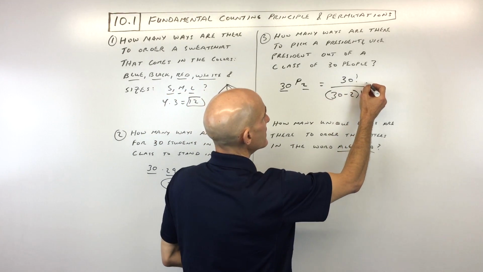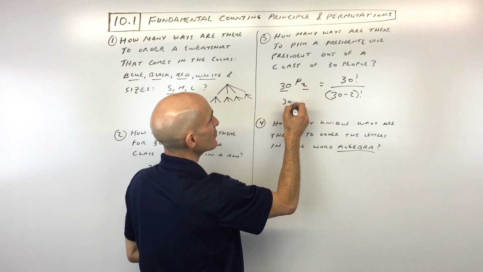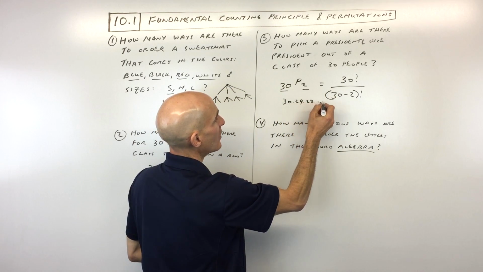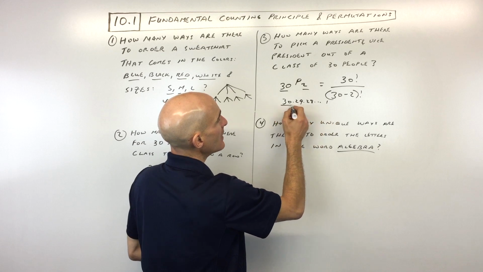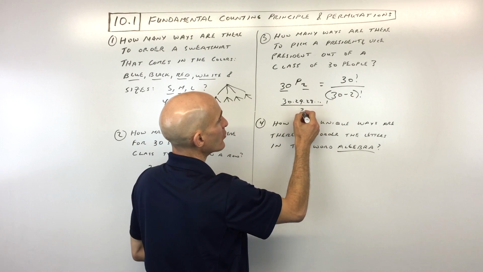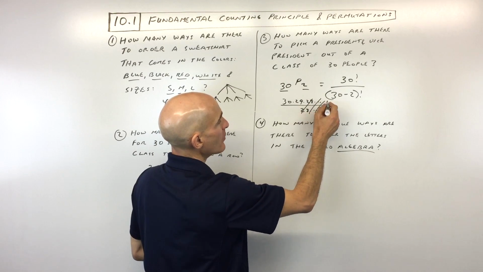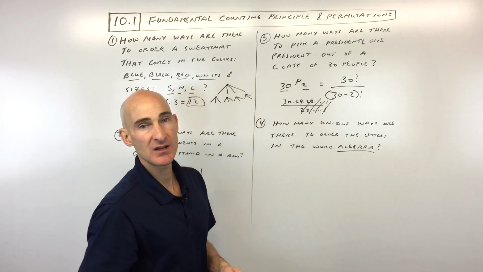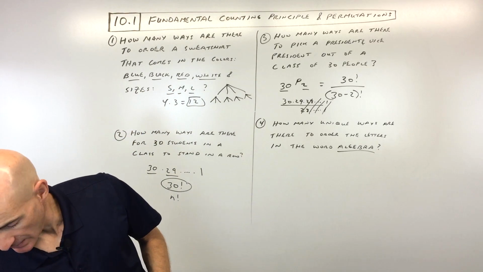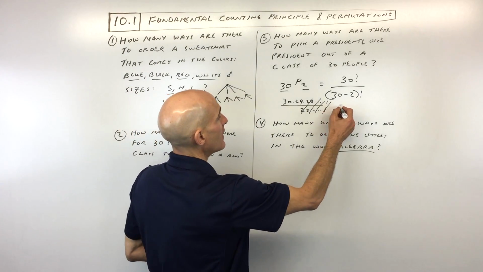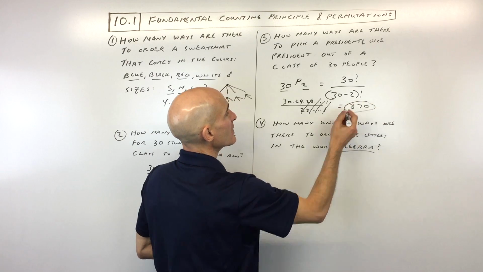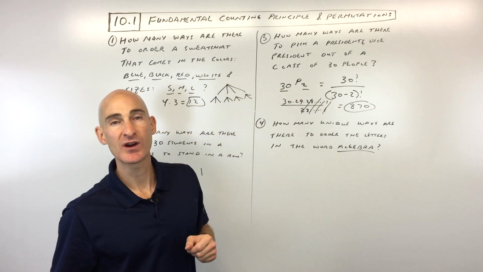If you expand this out, this is going to be 30 times 29 times 28 all the way down to 1. 30 minus 2 is 28 factorial, which is 28, 27, 26, all the way down, multiplying all the way down to 1. Those cancel, so it's really just going to be 30 times 29. And if we do that on the calculator, that's going to be 870 different ways of picking a president and a vice president.